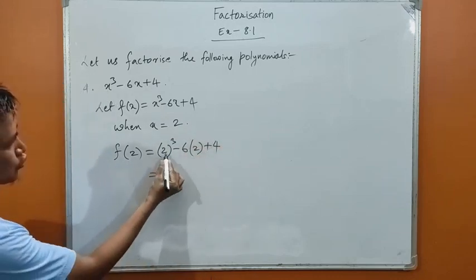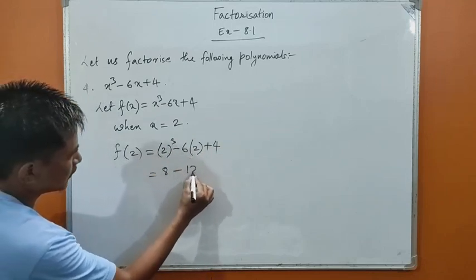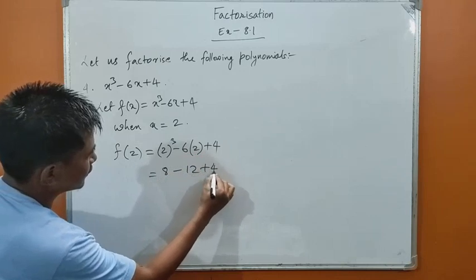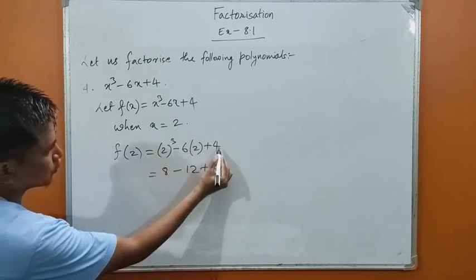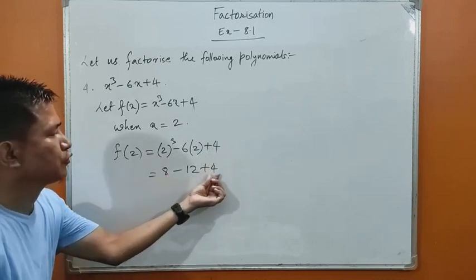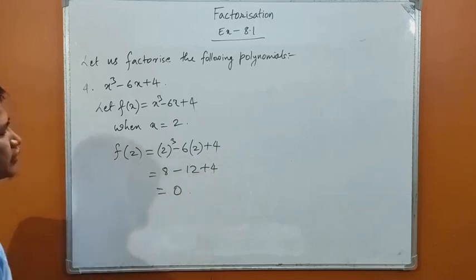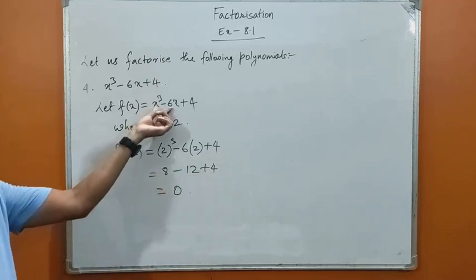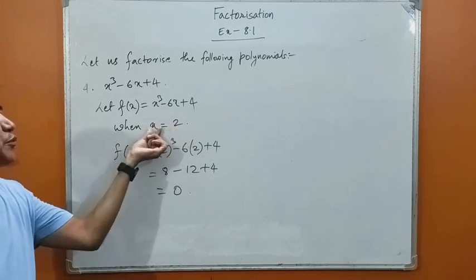So 2 cubed is 8, minus 6 2s are 12, plus 4, isn't it? So plus 8 and plus 4 is plus 12 and minus 12 is 0. So we got the value of this expression 0 when we suppose the value of x is 2.